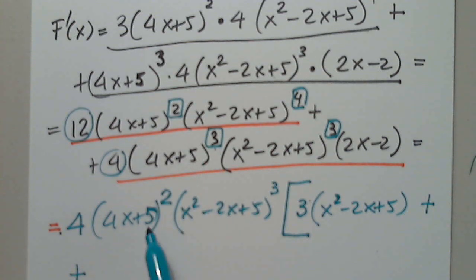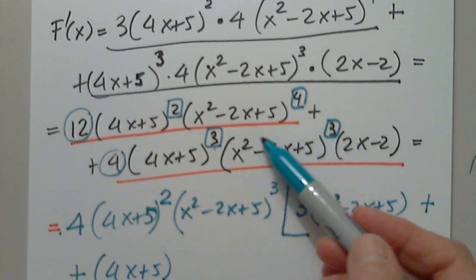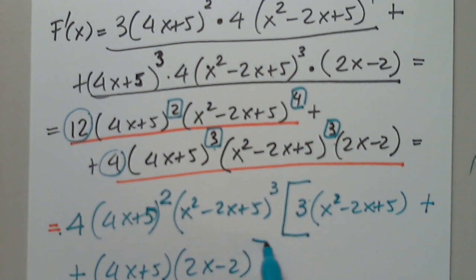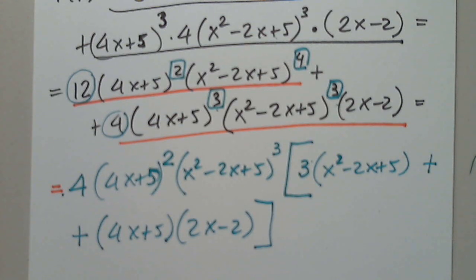From 3, I have 2 out, but one of them is still in. 3 are already all out, but there is a 2x minus 2 left in. All the simplification is part of pre-calculus. We do these extensively in pre-calculus.